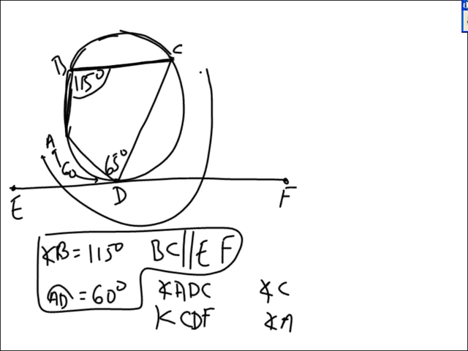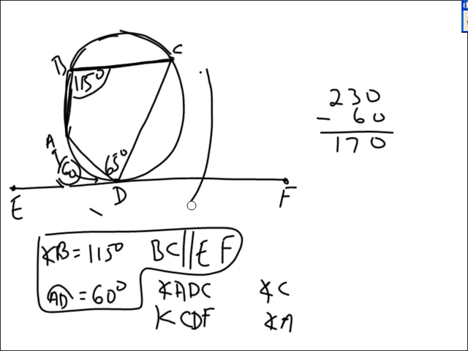But as you can see, we know part of it. 230 minus 60 is 170. That is the other piece of this arc, just CD. Arc CD is 170 degrees.